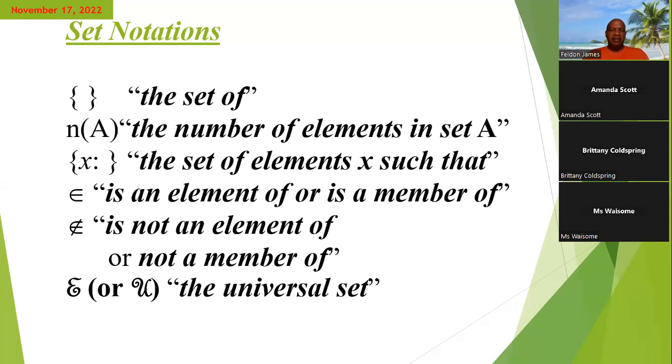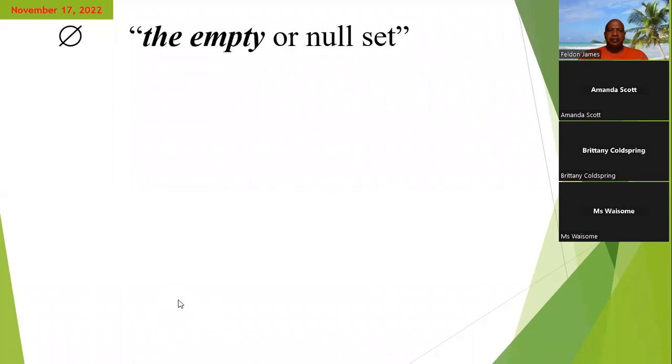Now, in recent time, these symbols have transformed to something simpler, just a common capital U, as you know, U would denote the universal set. So these fancy symbols, you probably won't see them used much more. It's pretty much just U, but just to note that these symbols denote the universal set.